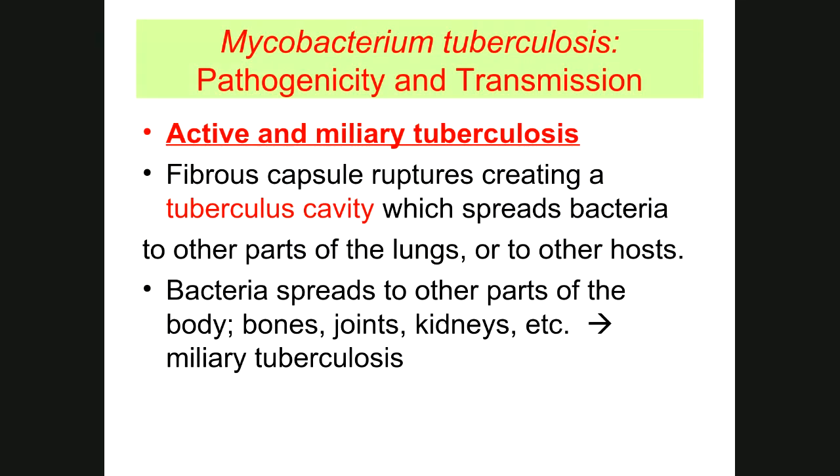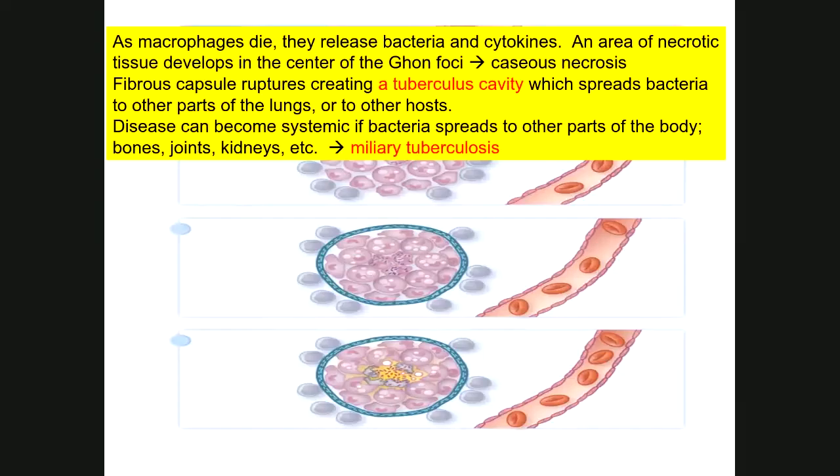Eventually the lesions can become so serious that you have a cavity or completely destroyed tissue in the lungs. The organism could spread to other organs, joints, gallbladder, kidneys, bones, etc., and can cause further infections in those organs. So miliary tuberculosis is when the disease begins to spread through other parts of the body.